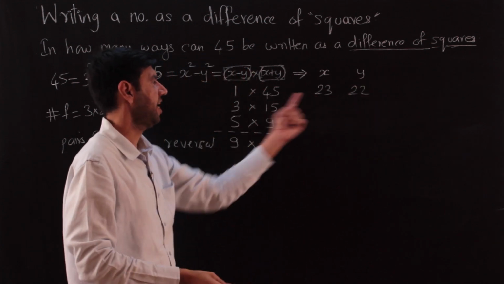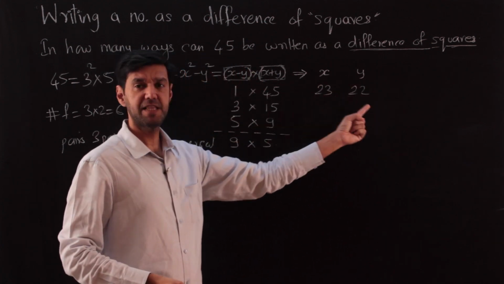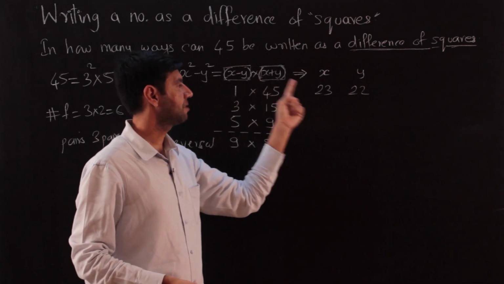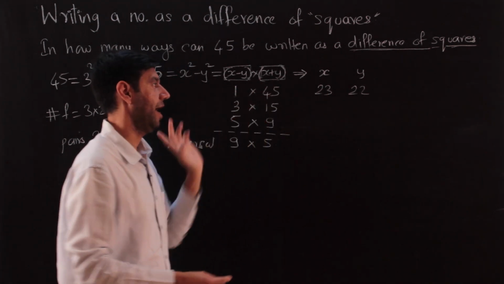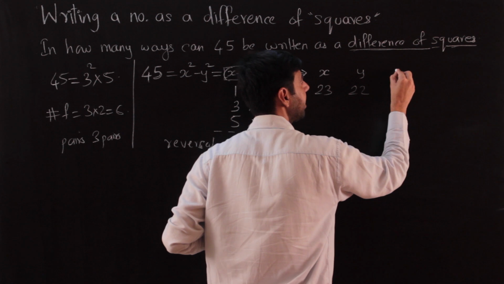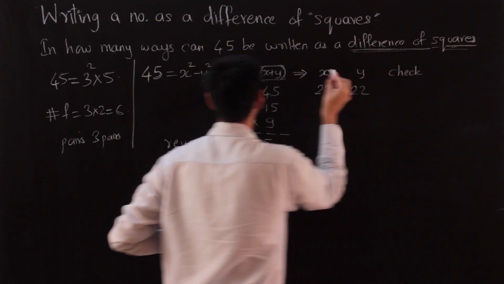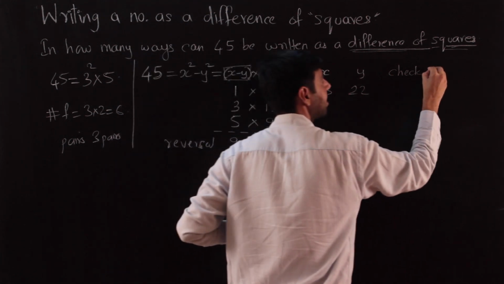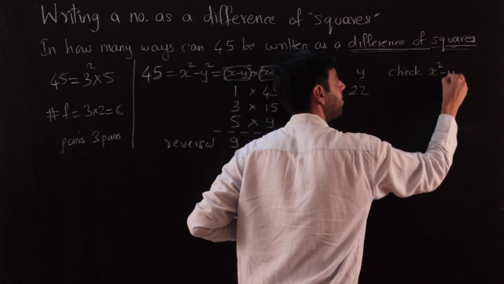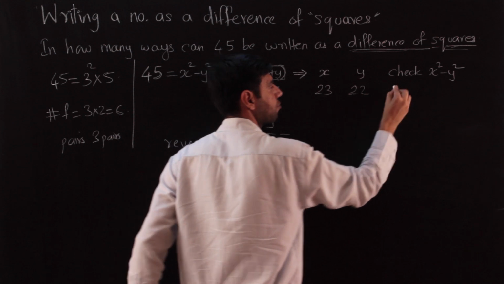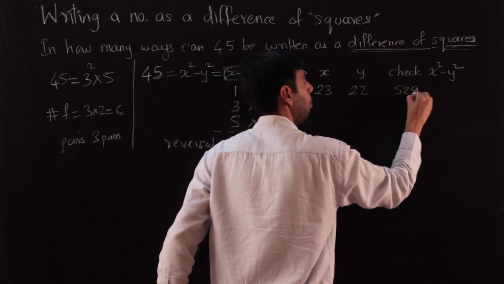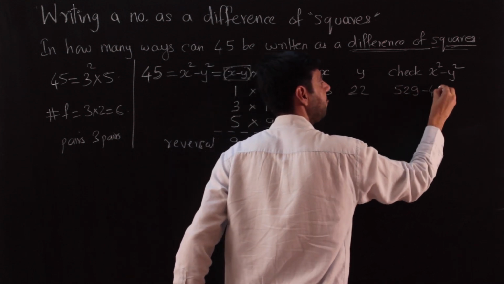You can do a reverse check. What is x minus y? 23 minus 22 is 1. What is x plus y? 23 plus 22, that is 45. I'm just doing the check. Remember, the question was difference of squares. This x and y was our creation, so I'm checking x square minus y square. 23 square is 529. 22 square is 484.